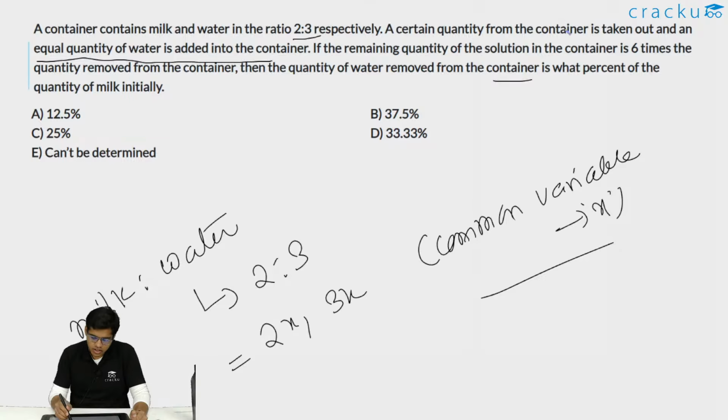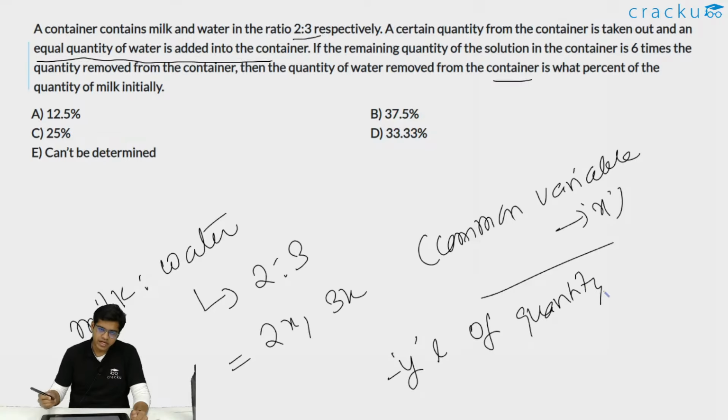Now a certain quantity from the container is taken out and an equal quantity of water is added into the container. Now let's say y liters of quantity be taken out and it is replaced by an equal quantity of water, means it is replaced by y liters of water.